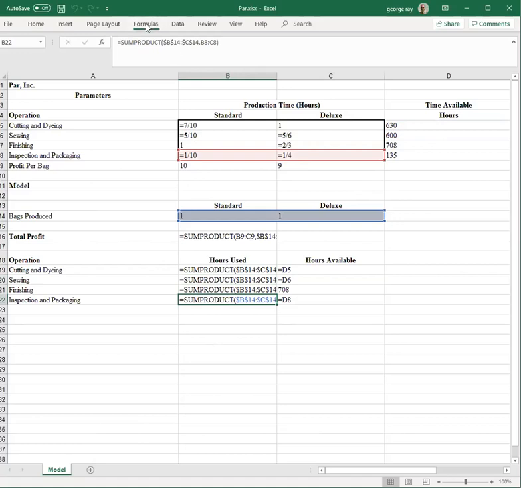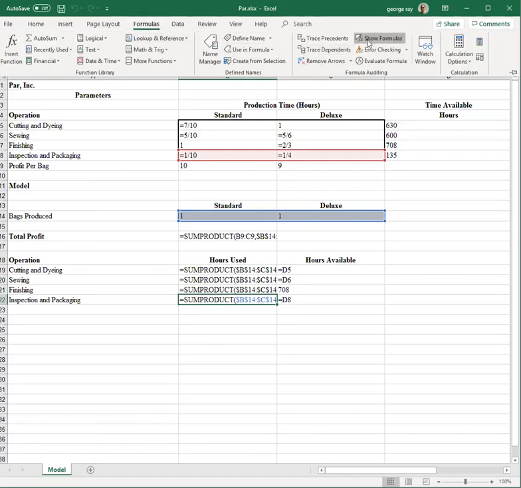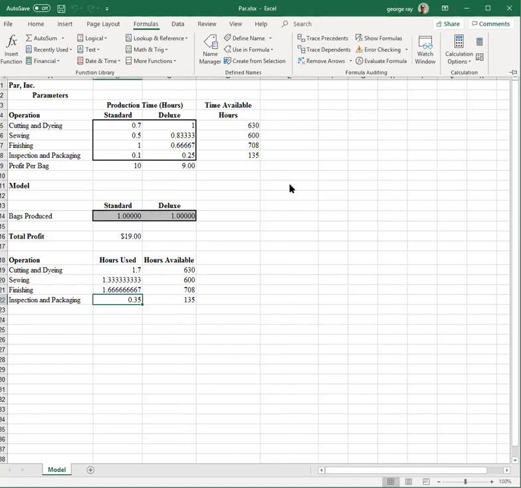So let's go back to our normal view. So with a placeholder of 1 standard bag and 1 deluxe bag, we have a total profit of $19. $10 from the standard bag and $9 from the deluxe.